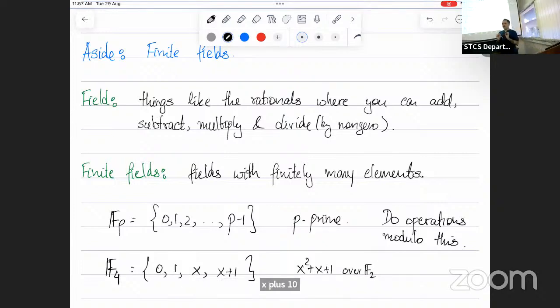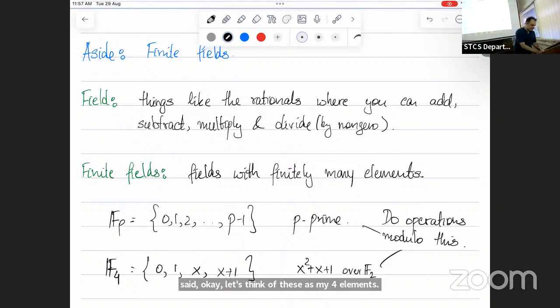So this polynomial x squared plus x plus 1 is prime in the sense that it doesn't split into two smaller factors. It is irreducible over this field. So I'm going to use the same intuition.